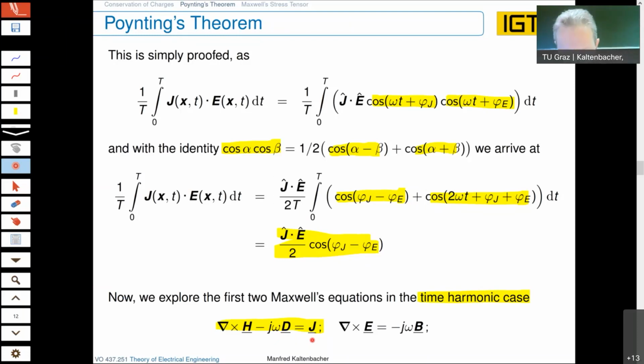And on the other hand, we have the differential form of Faraday's law, where the curl of E is equal to minus the time derivative of B, the magnetic field. And then clearly we have here the curl of E, again a complex value, is equal to minus j omega B, because the time derivative gives us the scaling with j omega.